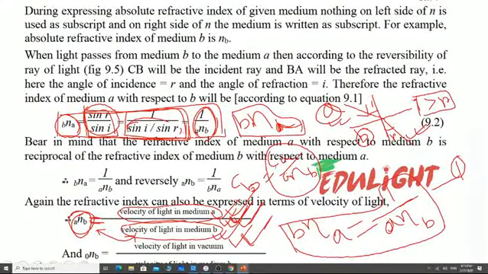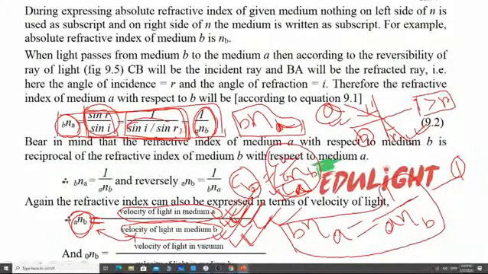This is CA, the velocity of light in medium A. So the velocity of light in medium A divided by A eta B will be your required CB, the velocity of light in medium B, which will be easily solvable to you. If you know this equation, then it will be solvable; otherwise it will not be solvable.